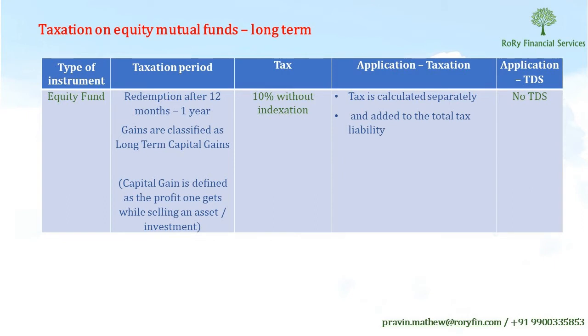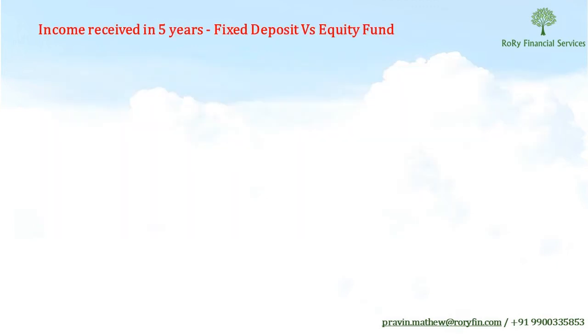There is no TDS again here for resident Indians. You will get the full amount credited. That is, suppose you bought for 1 lakh, you sold for 2 lakhs, you will get the entire 2 lakhs credited into your account. When you're filing your returns, you have to provide a capital gain statement and do the calculation as per that.